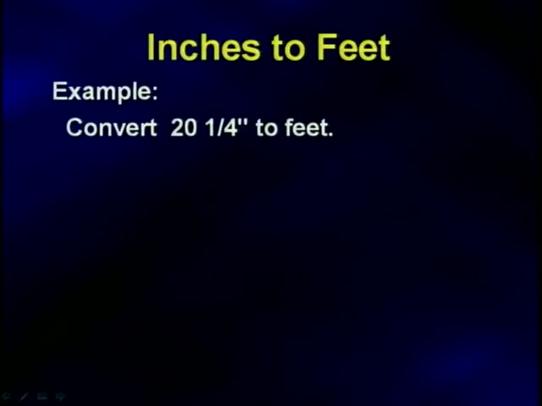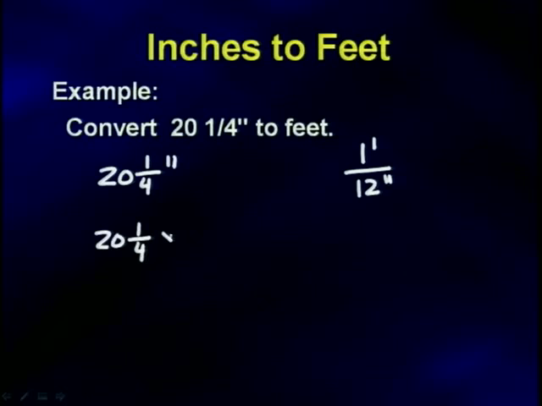Let's do the same thing with 20 1/4 inches to feet. We want to change that to feet. So this time I'm going to use the conversion of 1 foot over 12 inches because I want the inches to cancel. So 20 1/4 times 1 over 12. This time let's do it as fractions. So we'll multiply these fractions like we did previously.